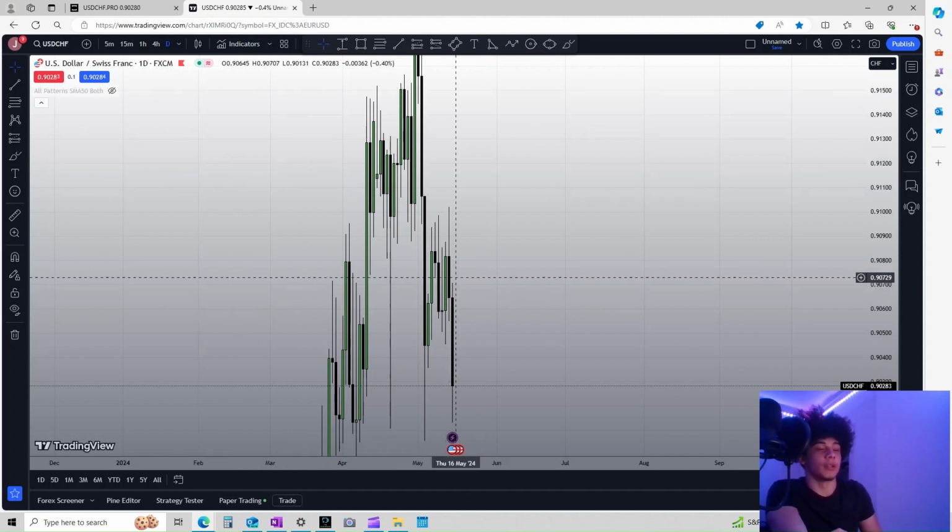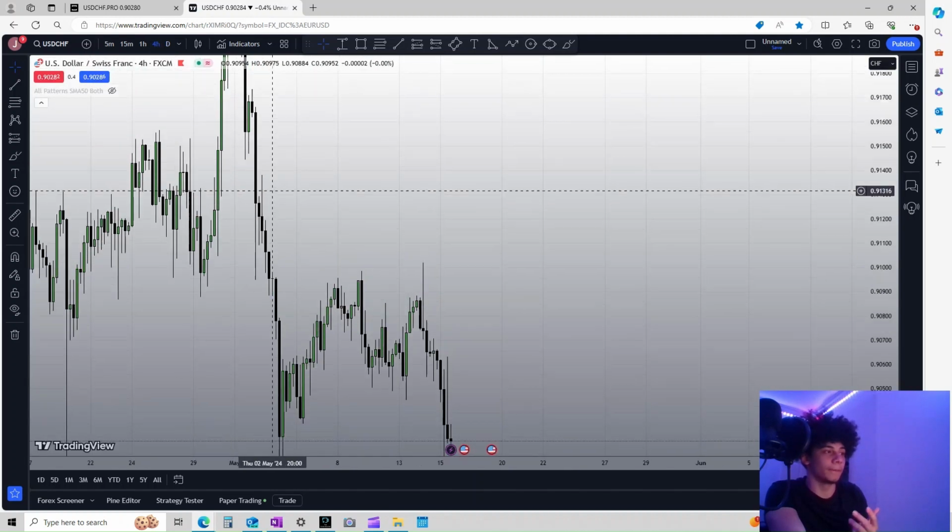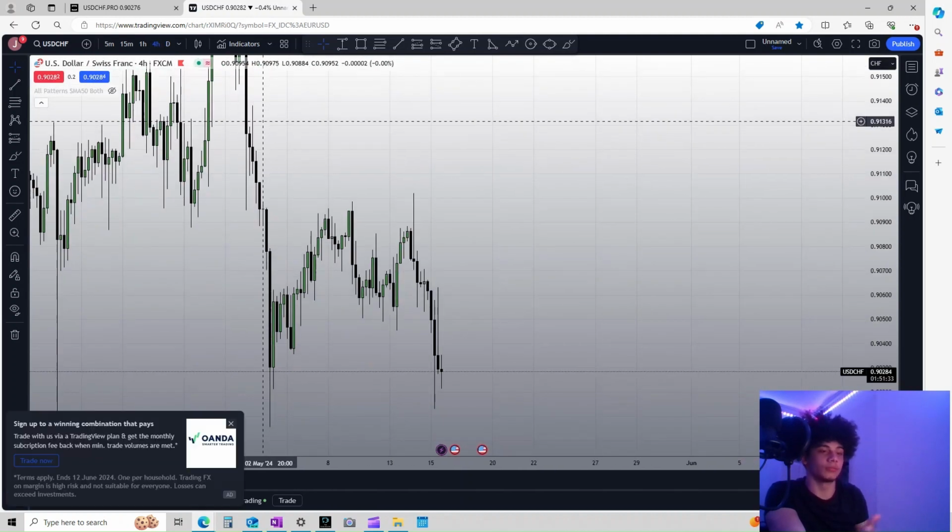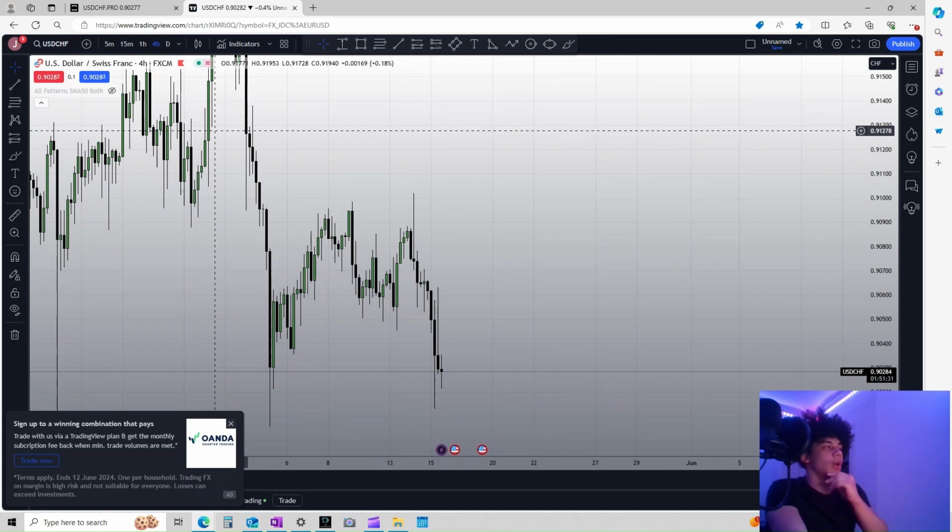So once you see that it's on the sell side, then you want to drop down to the 4 hour. Still selling. You feel what I'm saying? And the daily time frame is used for just overall structure. Just what's the market actually doing? A 4 hour and 1 hour time frame is where you want to chart everything up.